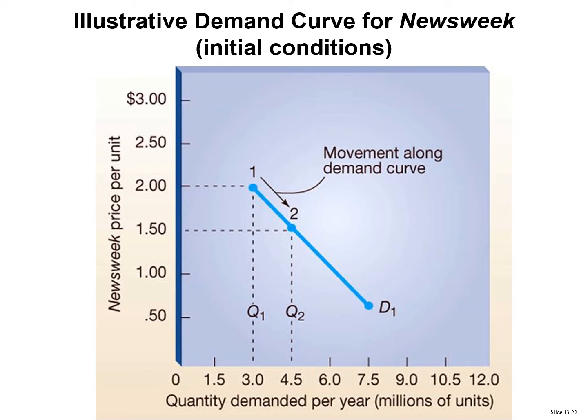And if we reduce our price from $2 to $1.5, the quantity demanded will grow from 3 million to 4.5 million, and so on. So we go to D1 and we see that our price is 50 cents and our quantity has increased to 7.5 million units.